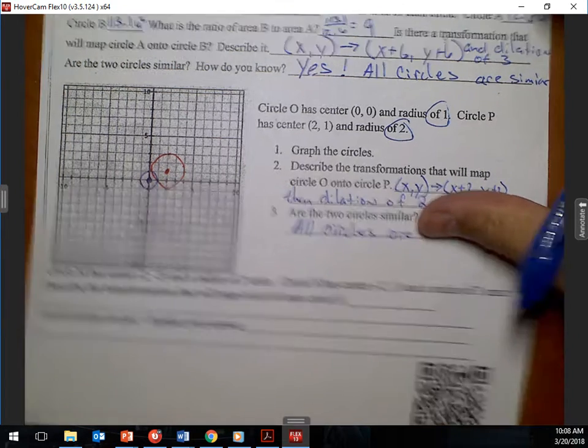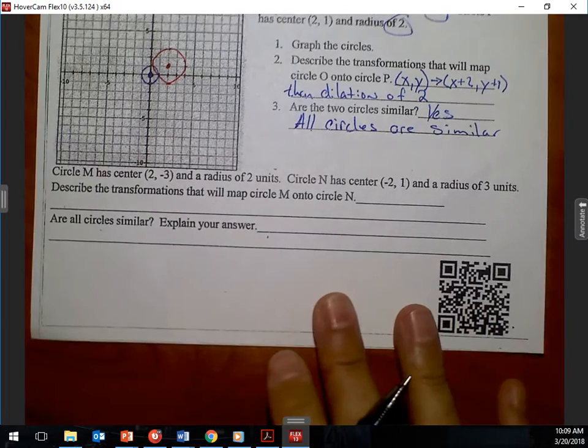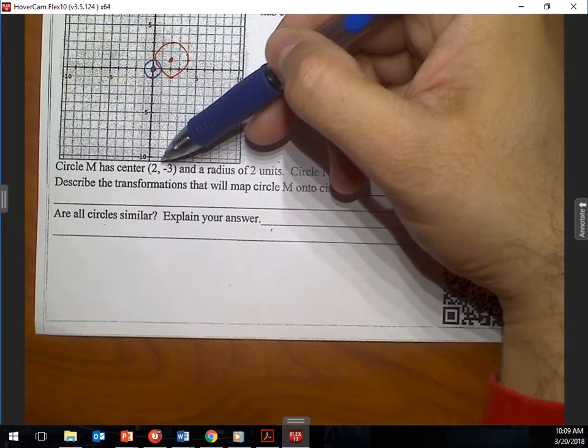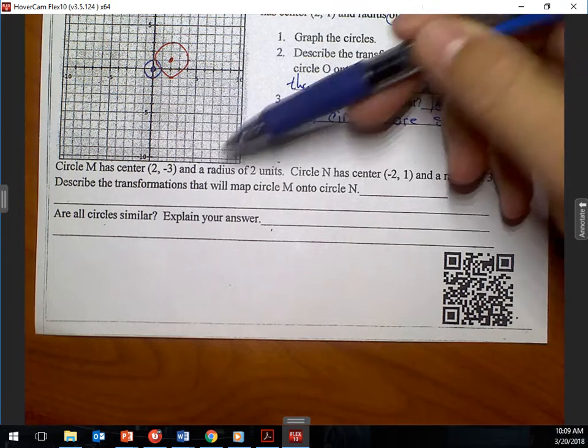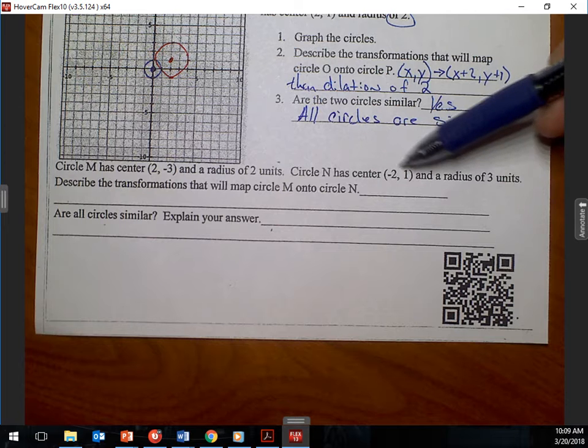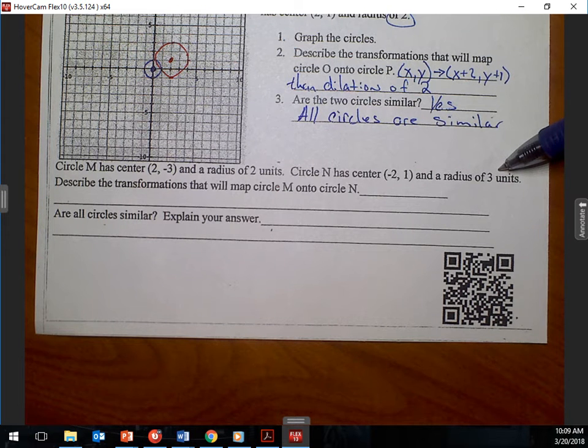All right, so let's take a look at the next part on the bottom. Circle M has a center of 2, negative 3, and a radius of 2. Circle N has a center at negative 2, 1, and a radius of 3.